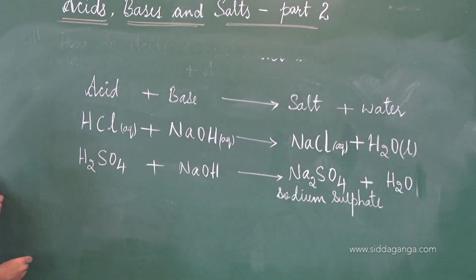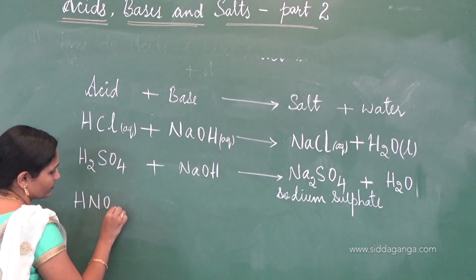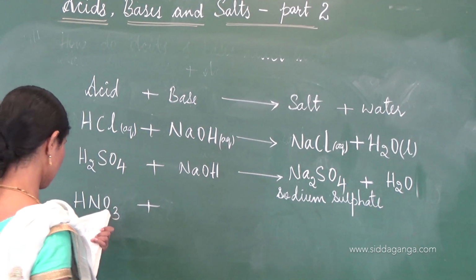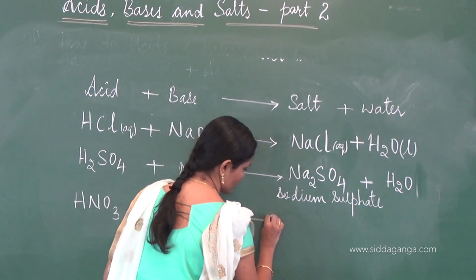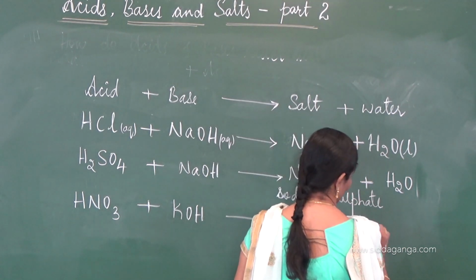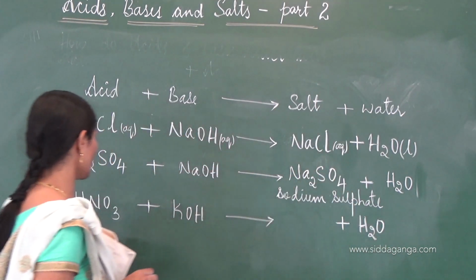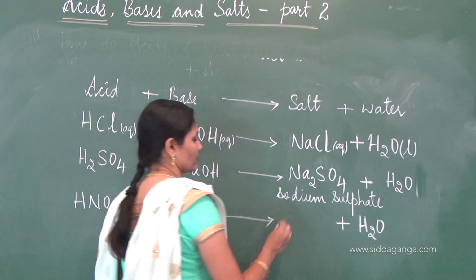Further, we'll write one more example, taking HNO3, that is nitric acid, and also we'll take some other base KOH instead of NaOH. Can you complete the equation? H2O is known to us, and check what salt we obtain out of this. HNO3 plus KOH gives rise to H2O, and the salt obtained is potassium nitrate.